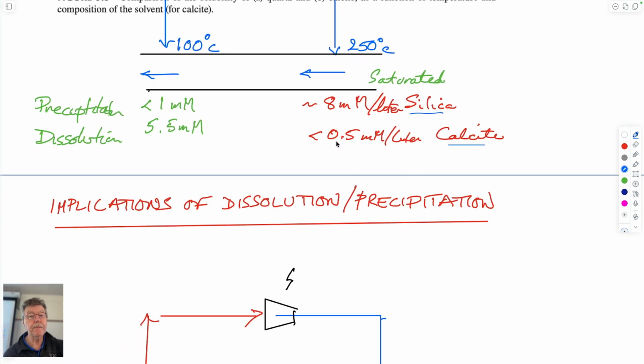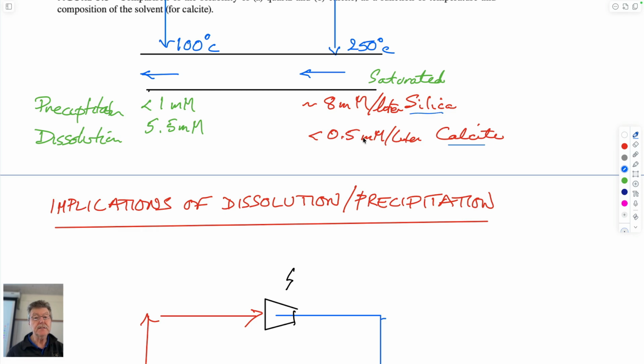And if in going across the reservoir to some other location where it becomes 100 degrees centigrade, the magnitudes of their solubilities change, and so the ability of water, which might be saturated in one of those components, to hold it changes. In the case of quartz, which is prograde soluble, as the temperature drops, it would lose 8 millimoles per kilogram of water in the system as it goes across here.